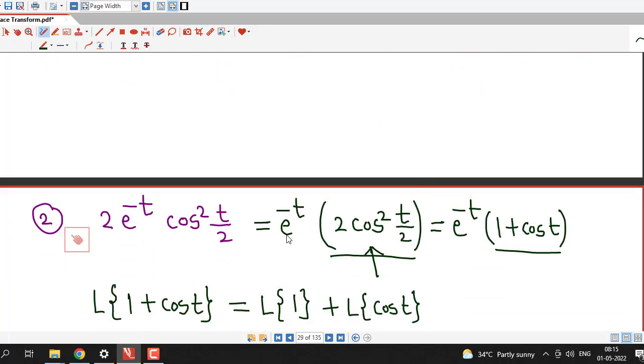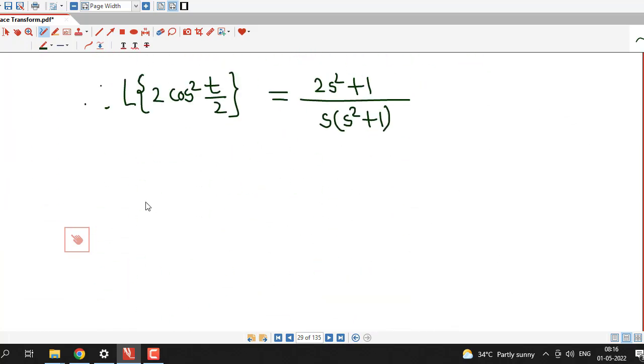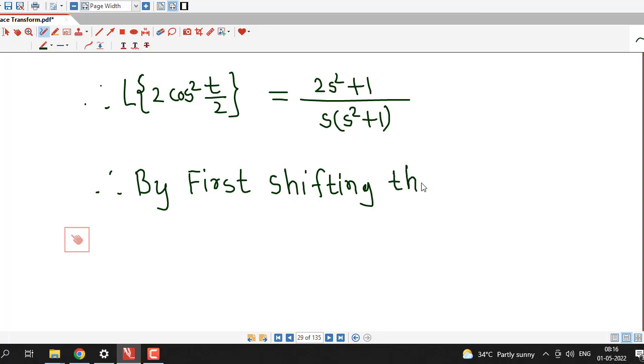And now we consider Laplace transform of e raised to minus t times 2 cos square t by 2, that we will write by first shifting theorem. Therefore by first shifting theorem, our function is multiplied with e raised to minus t.